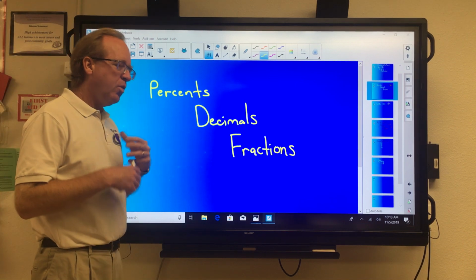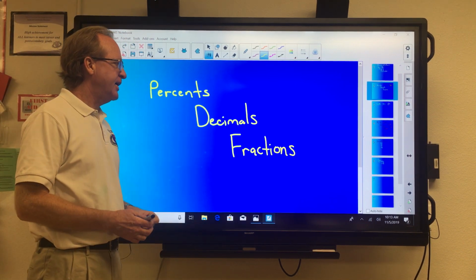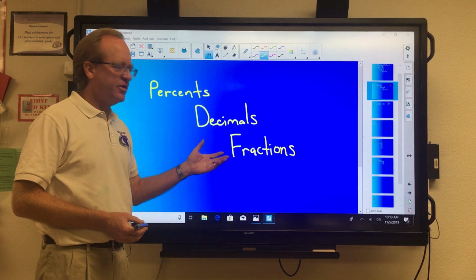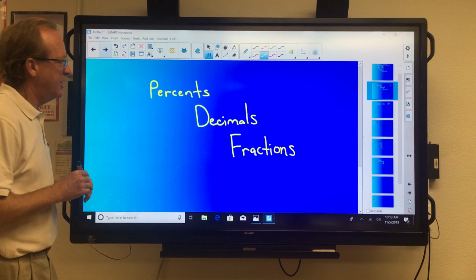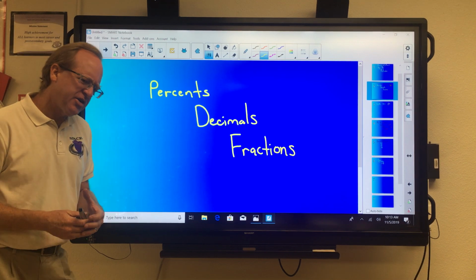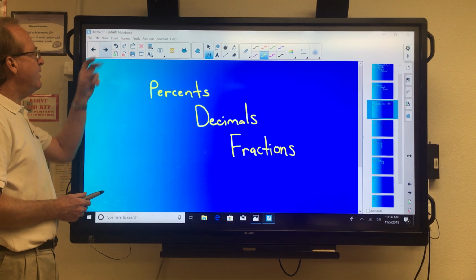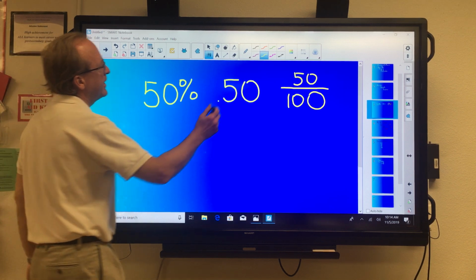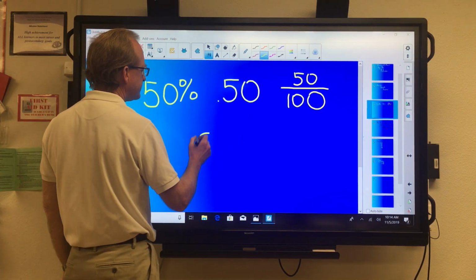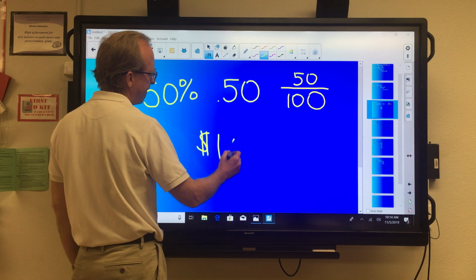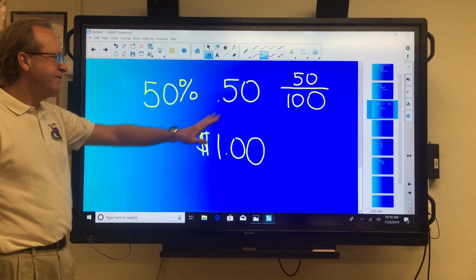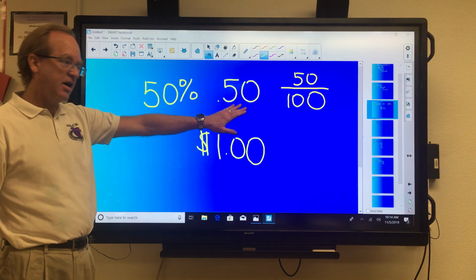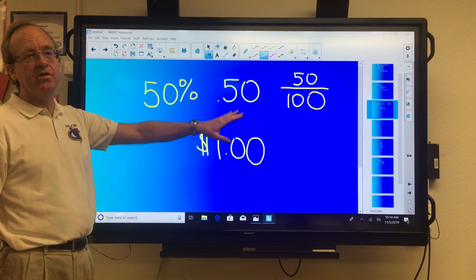And we want to kind of understand that percents and decimals and fractions are basically different languages to say the same thing. And you know this, actually, if you think about it. If I were to say to you, okay, let's talk about $1. If I say that I have 50 cents out of $1, that's 0.50.